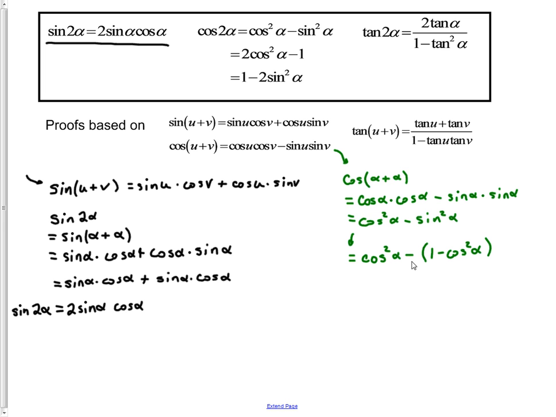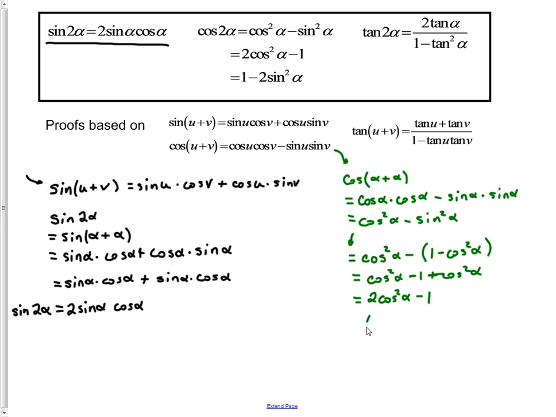So we can actually verify that second formula just by using our Pythagorean identity, and then distributing the negative through multiplication. So we'd have -1 plus the square of the cosine of alpha. And since we have 2 cosine squared alphas, we get 2 times the square of the cosine of alpha, minus 1.